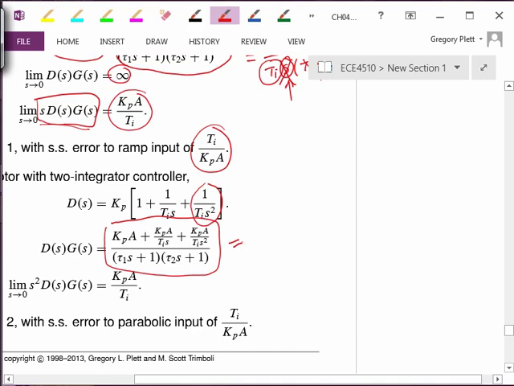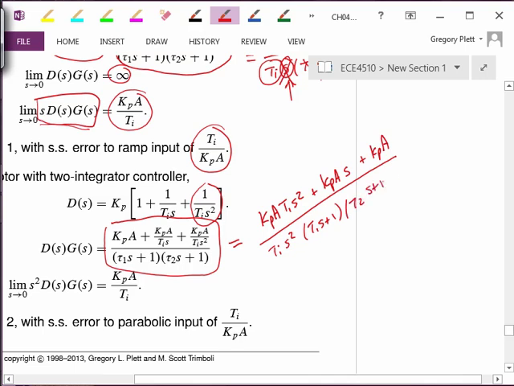Multiply top and bottom by TIS squared. So I've got KPA TIS squared plus KPA times S plus KPA all over TI times S squared, tau 1 S plus 1, tau 2 S plus 1.